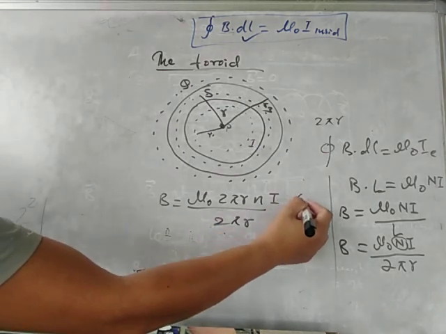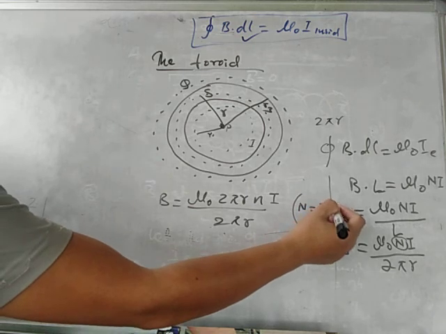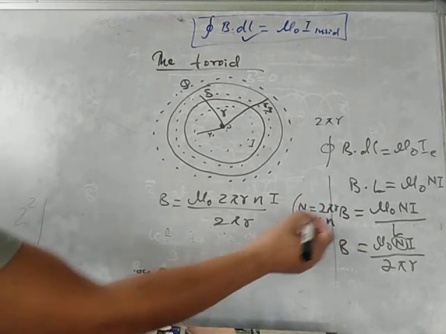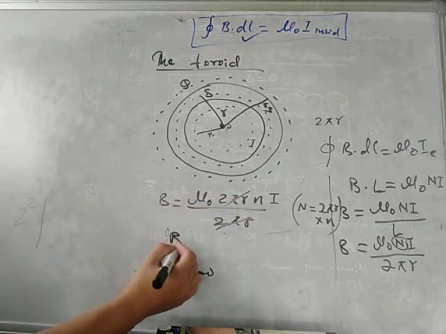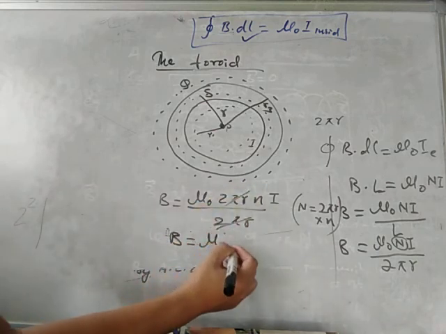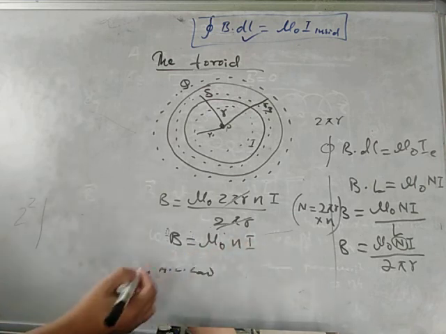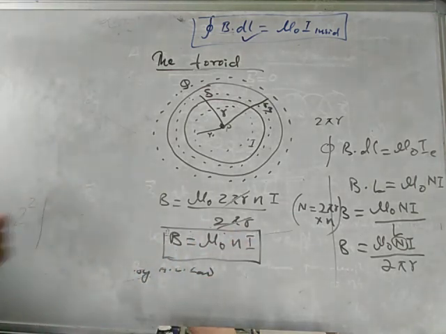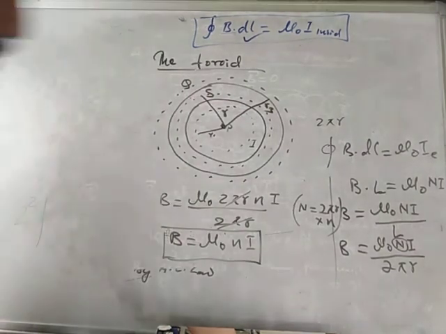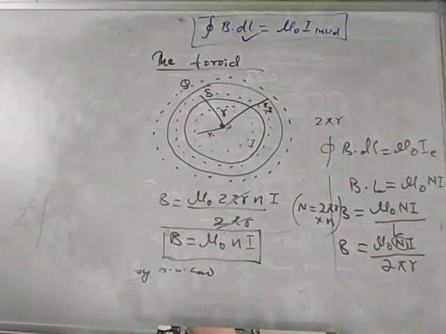So 2 pi r is gone, so B equals mu naught n I. The same I can argue here. So toroid and solenoid have the same magnitude of magnetic field, right? That much is enough for today.